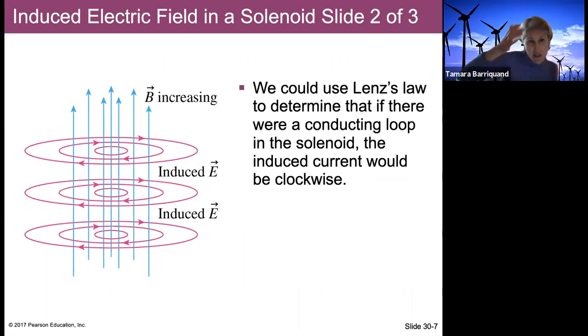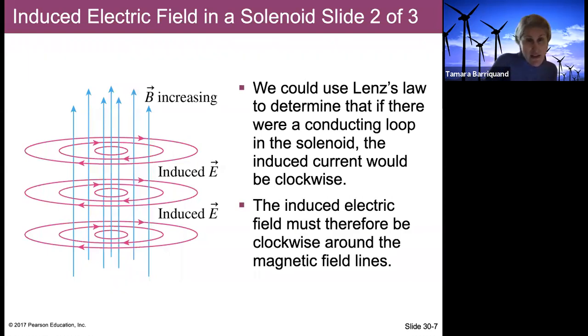B is increasing, so we need to oppose that change in the magnetic field, the magnetic flux to be precise. And so we need a magnetic field going the opposite direction. In that case, we would have a current in the clockwise direction. So the induced electric field must therefore be clockwise around the magnetic field lines.